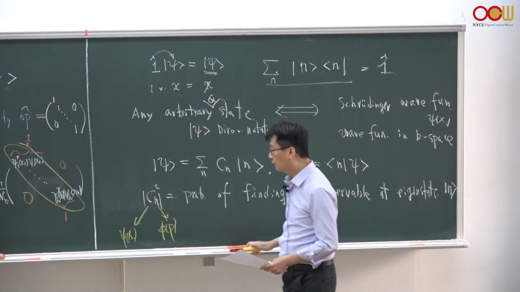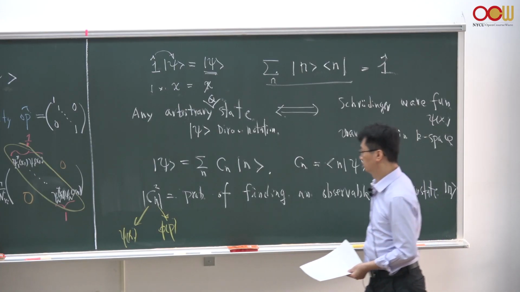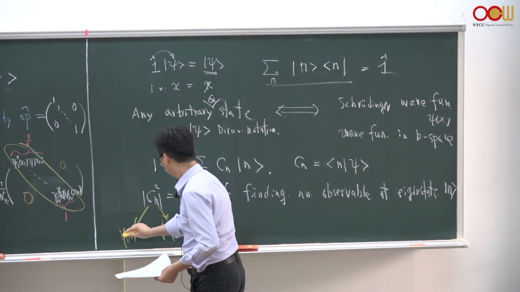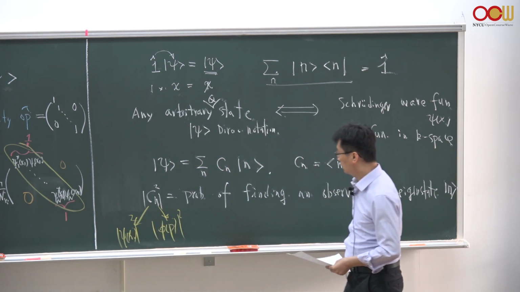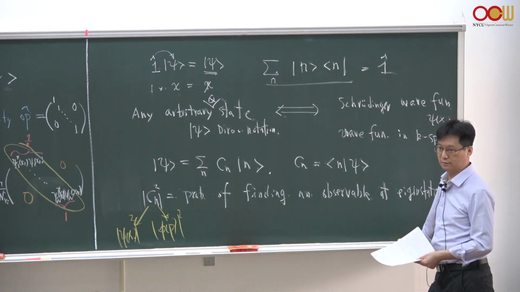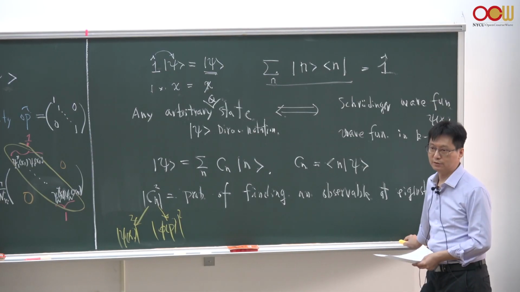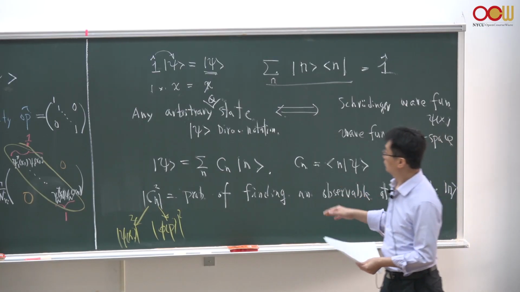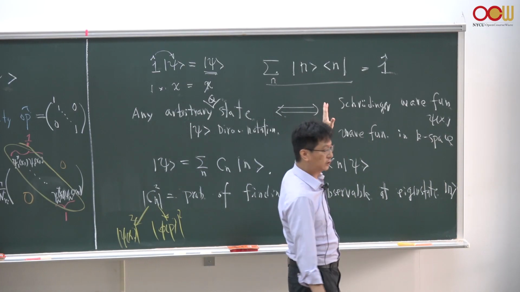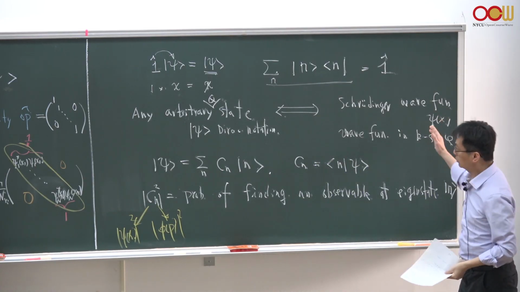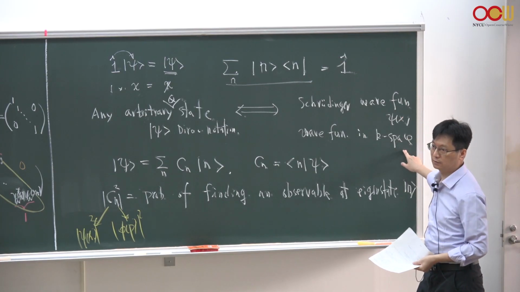The Cn squared could be either psi x squared or phi p squared, depending on how you take the measurement. So this differentiates any arbitrary quantum state from a realization of such an abstract quantum state in real space or in K space.